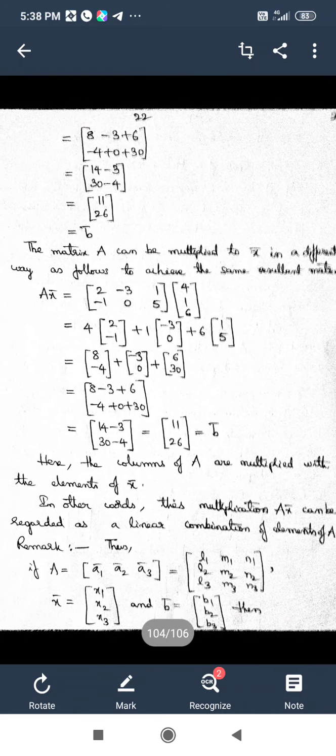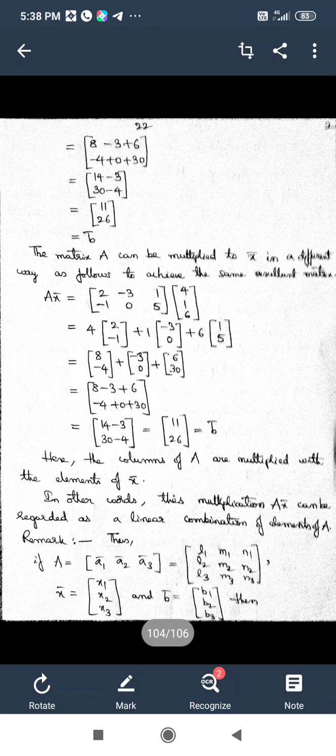And X bar, which is the variable matrix in the system of linear equations, let us take it as X1, X2, X3. That means the system of equations has 3 variables. And B bar, let us take it as the constant matrix, which is B1, B2, B3 in this case.